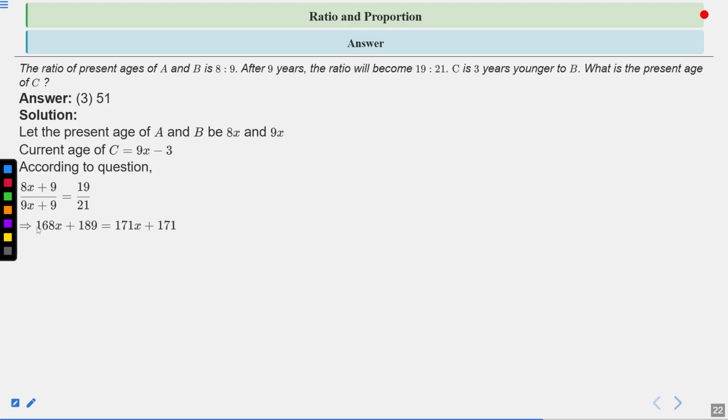So when we make the equation, we get 168x plus 189 equals 171x plus 171. Now when we simplify it, we get 3x equals 18. So we get x equals 6. So the current age of C will become 9 into 6 minus 3, which is equal to 51 years. So third one is the correct answer of this question. Next one.